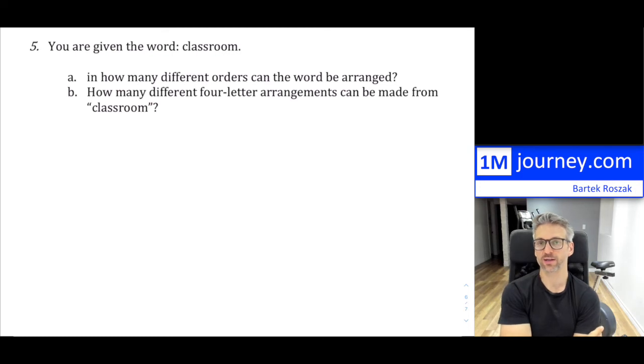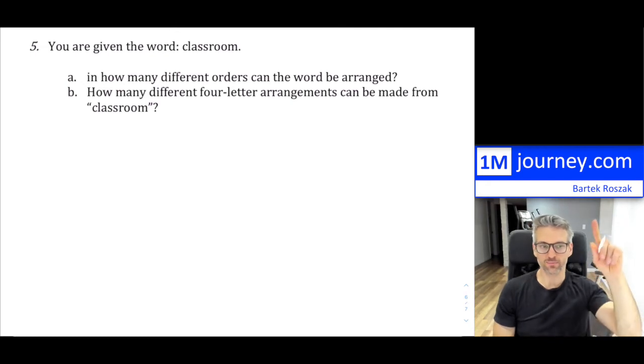If we labeled them, let's say S1 and S2, and O1 and O2, then it would differentiate between them, and in that case we would have 9 factorial ways of arranging them. But this comes into effect when things are actually repeating, with multiple letters or multiple objects repeated within.